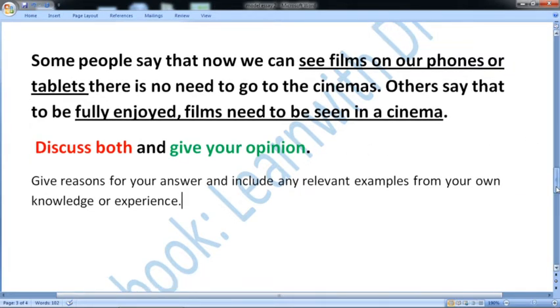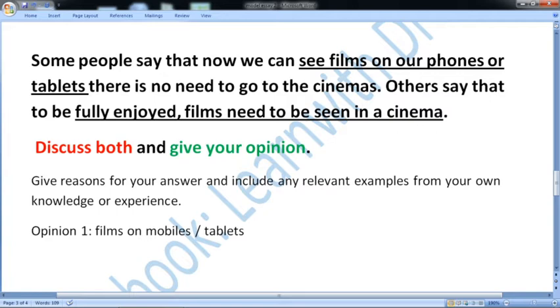Okay. Now let us see what the two sides are. Opinion or side 1 is about films on mobiles or tablets, and we don't need to go to the cinema.